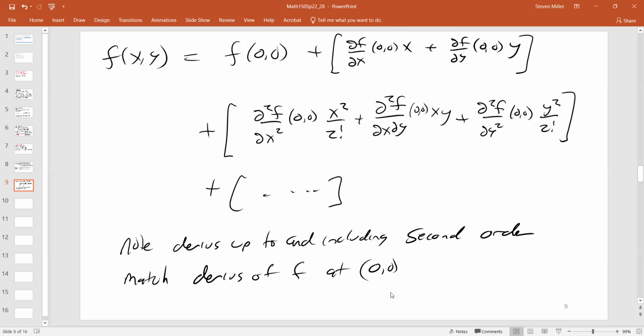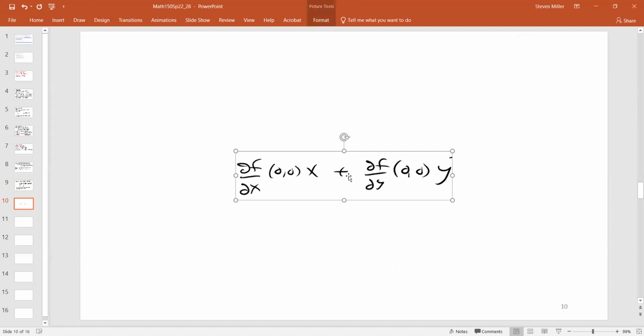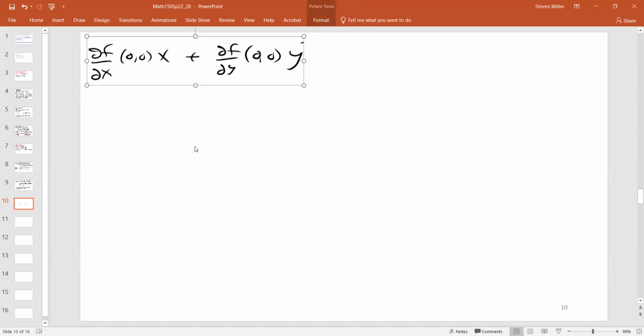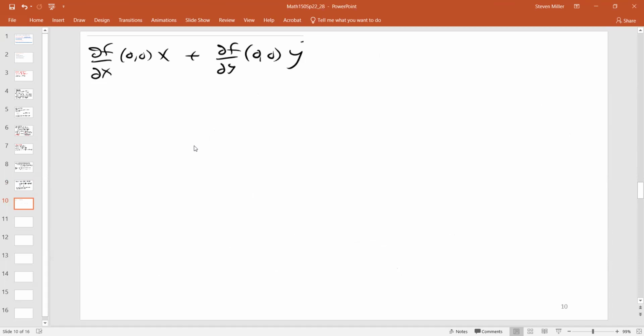All right. So let's try to look at what's going on. Let's look at it piece by piece. Let's start off with this piece. Does this look similar to anything we've seen before? It's been a while. What's df dx, df dy? What does that remind you of?